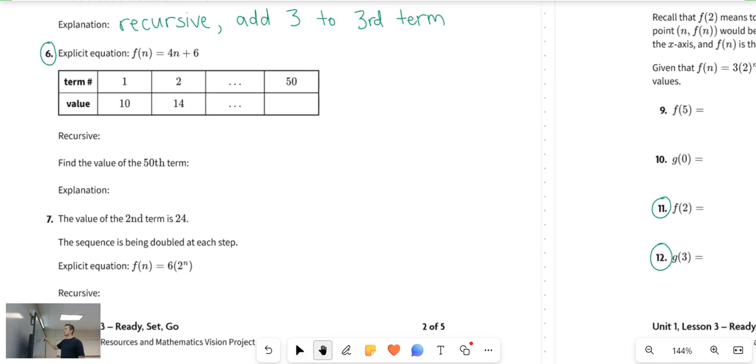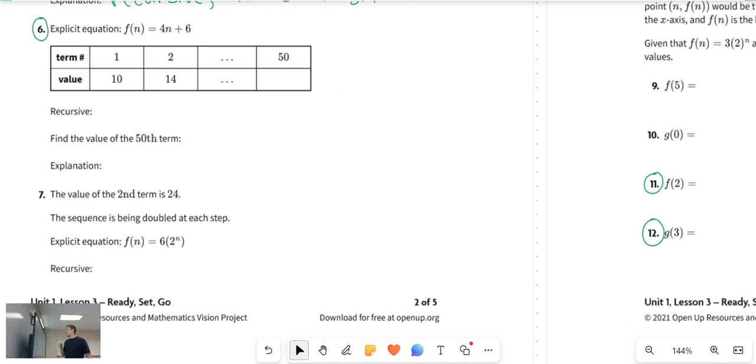All right, let's move on to number 6. For number 6, we have an explicit equation, f of n equals 4n plus 6. Now, our first term is 10, our second term is 14. We don't have our 3rd, 4th, 5th, etc., and it looks like we want to find our 50th.